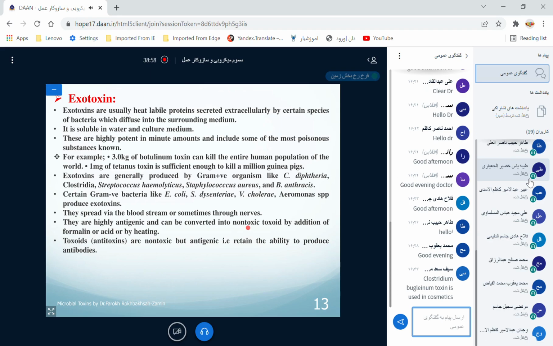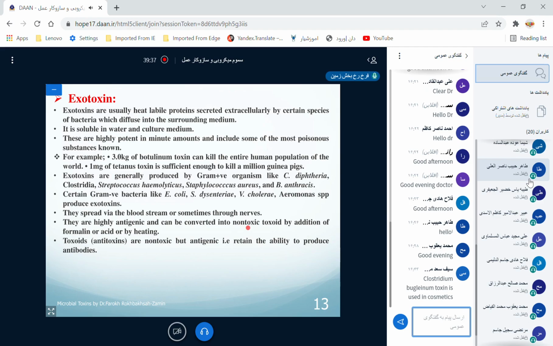So instead of whole microorganisms, attenuated, weak, or killed, you receive a toxin that has been modified into toxoid form. Toxoid means it has many similarities to the toxin, but without toxicity, without virulence.